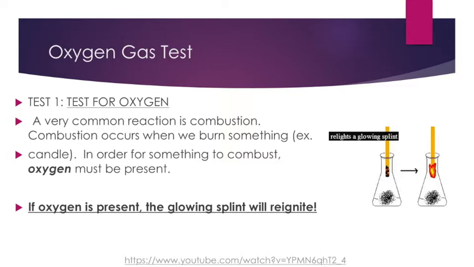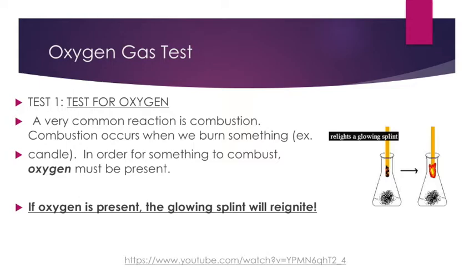The first test is a test for oxygen, and oxygen, like we talked about, is fire's best friend of all time. Those two things need each other, and oxygen is really good at getting a fire going. So the oxygen gas test is if you take a stick that's on fire and you blow it out, that stick's going to be lit up a little bit, but it's certainly not going to be on fire.